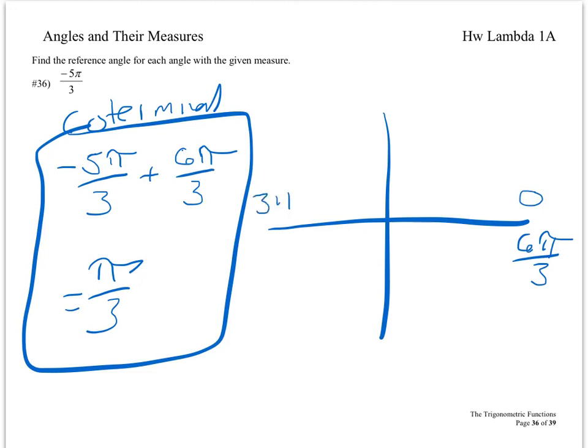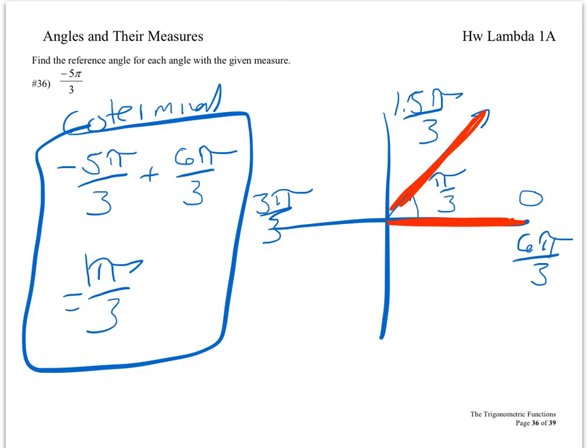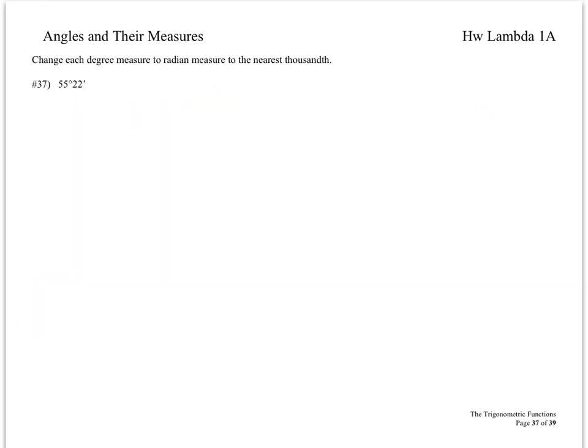Negative x-axis would be half of that, which is 3 pi over 3. Halfway between 0 and 3 it would be 1.5. 1 pi over 3 is between 0 and 1.5, so we're in quadrant 1. So our reference angle, which is an angle formed by the terminal side and the x-axis, and is acute, is pi over 3.